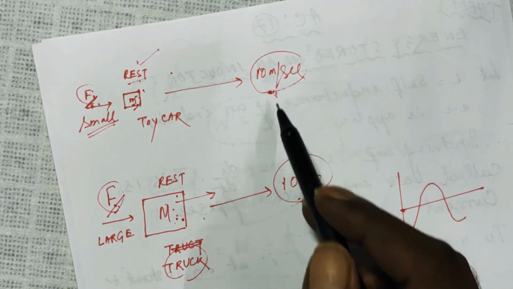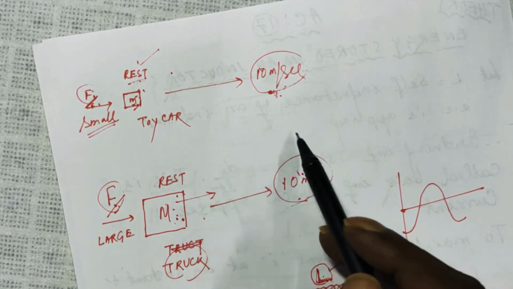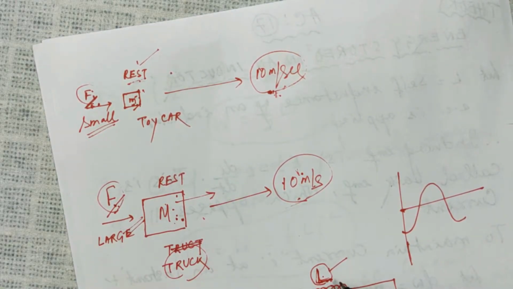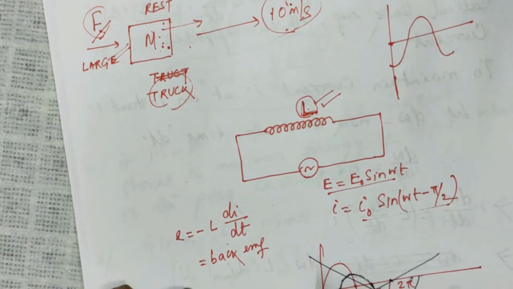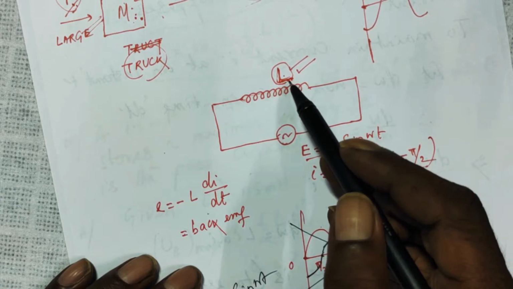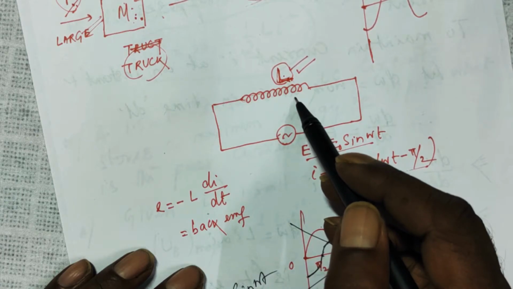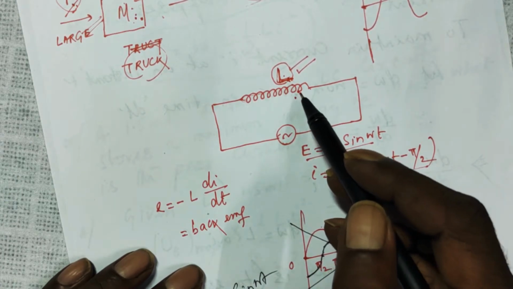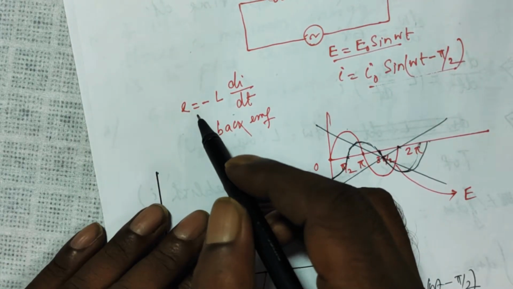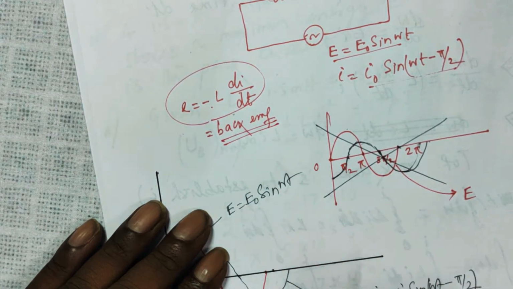Here, if it is in motion and you want to bring it back to rest or reduce the speed, less force is required here, more force is required here. It does the same thing in an electrical circuit. If the current is increasing, it tries to oppose it. If the current is decreasing, it also tries to oppose that, by developing an EMF, derived in previous lessons as minus L di by dt. This is called back EMF.